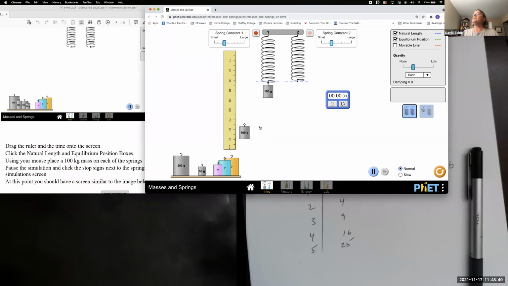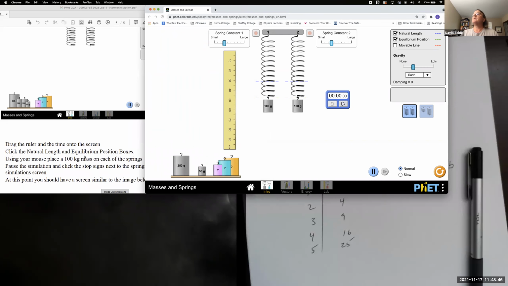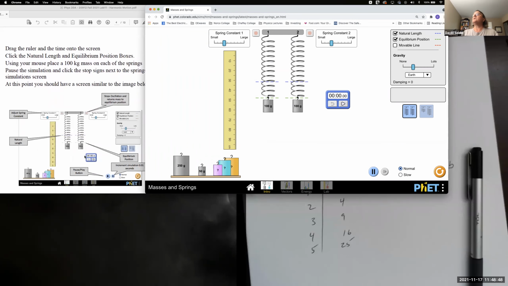We got 1 and 2. And we're going to click pause and pause. And you should see something similar to this. So this shows the natural length, it shows the equilibrium position. These boxes stop the oscillation, all the typical things.